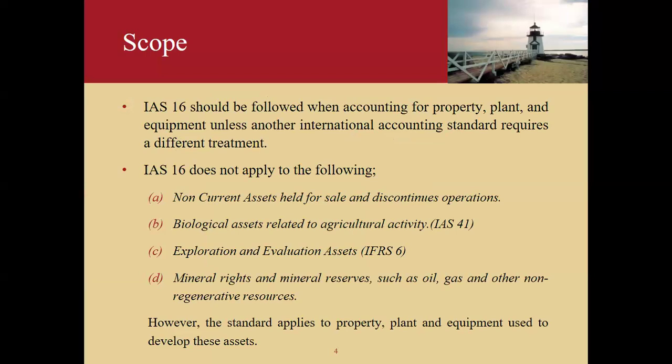So the scope, according to the standard IAS 16, should be followed when accounting for property, plant, and equipment, unless another international accounting standard requires a different treatment, which we are going to see briefly. So basically, when you hear IAS 16, the first thing that should ring in your mind is property, plant, and equipment.